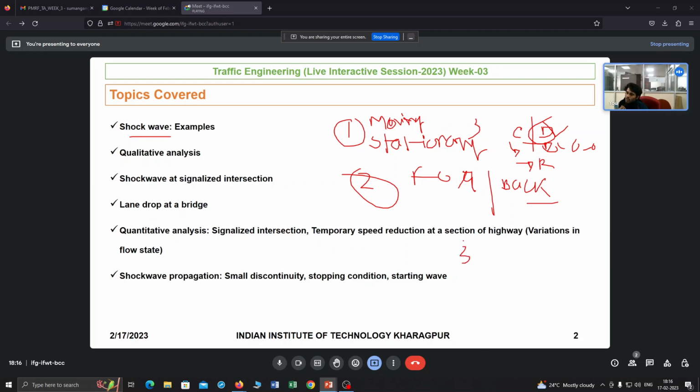And the third is whether it is forming: due to the propagation the congestion is forming, or we are releasing the Q? So based on that, forming or recovery, right? This actually brings us to this qualitative analysis. What are the kinds of shock waves that may be present, right?